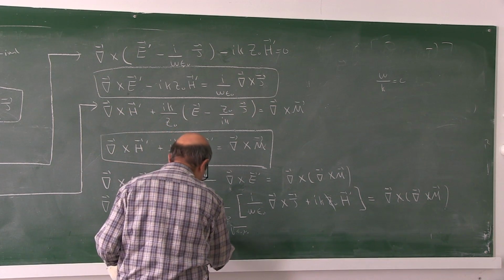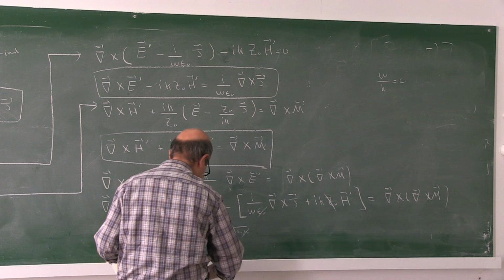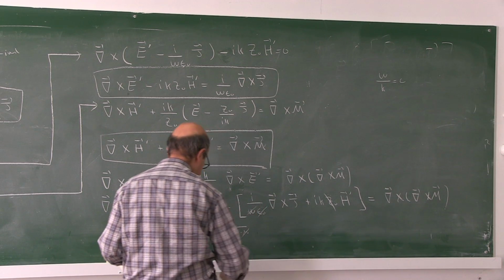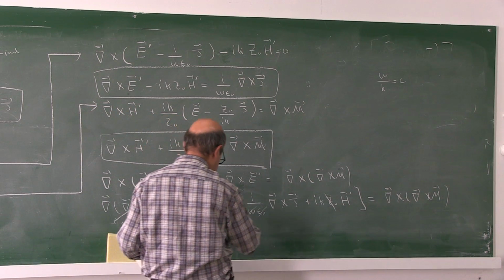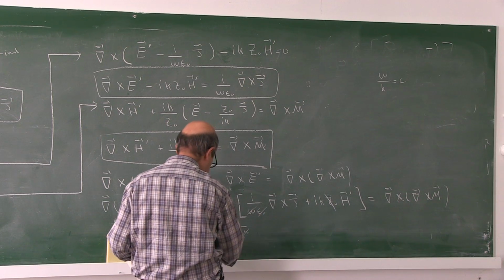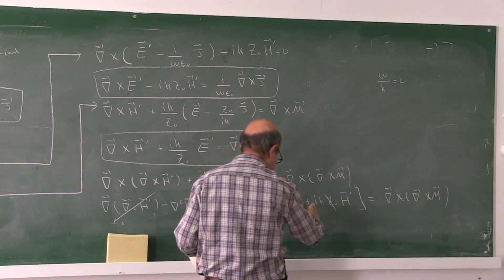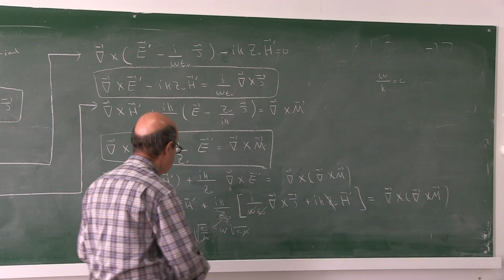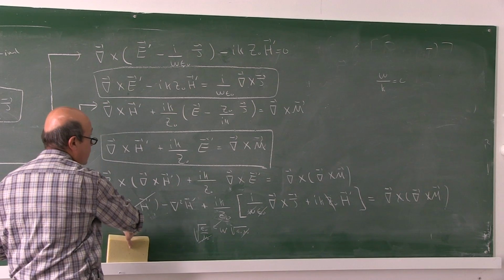So basically mu 0 will be cancelled, that will be epsilon 0, and that will cancel with that term, and omega will cancel that term. So if you consider this multiplication, omega epsilon 0 will be cancelled. If you consider the other multiplication, that will be minus k squared Z0.